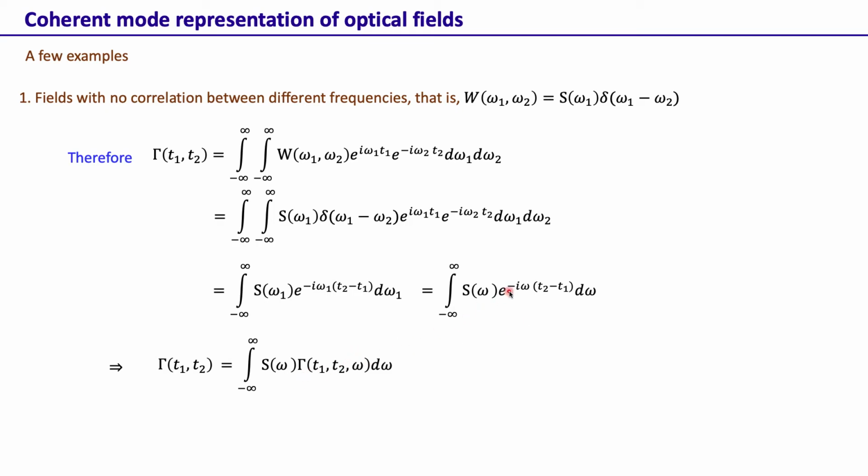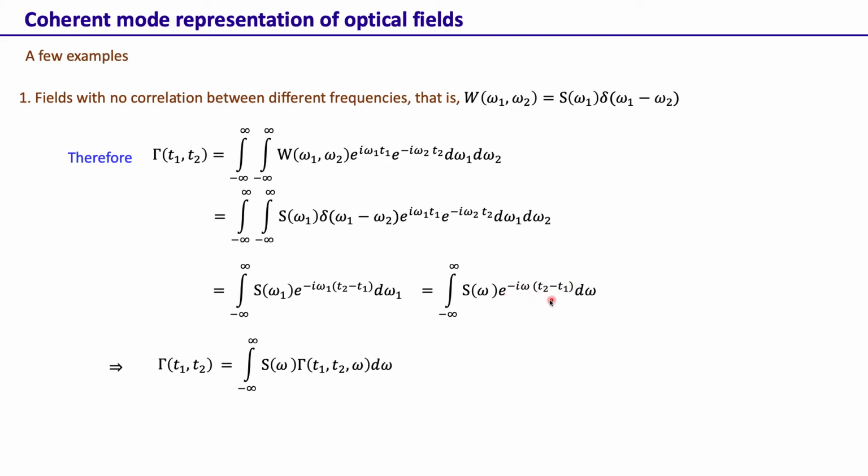What we have done here is replace e^(−iω(t2 − t1)) by Γ(t1, t2, ω). So we are writing the correlation function as an integral over this Γ(t1, t2, ω), which is completely coherent, because it is essentially e^(−iω(t2 − t1)), with no ensemble averaging.